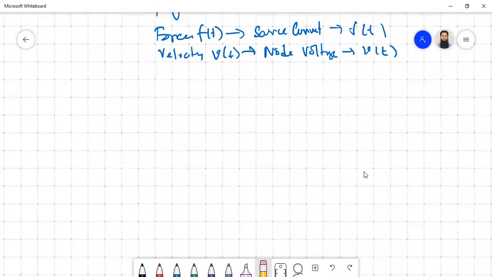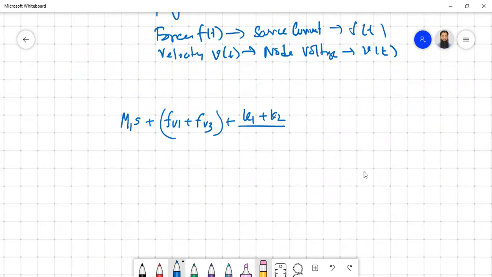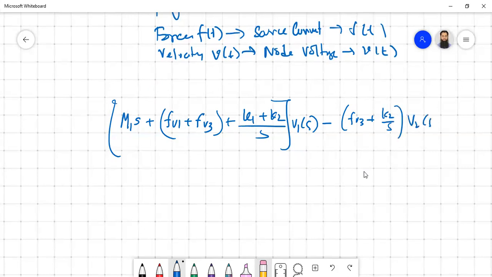So the final equation that we actually obtained was, okay, now it works: (M1 s plus fv1 plus fv3 plus (K1 plus K2)/s) V1(s) minus (fv3 plus K2/s) V2(s) equals F(s).